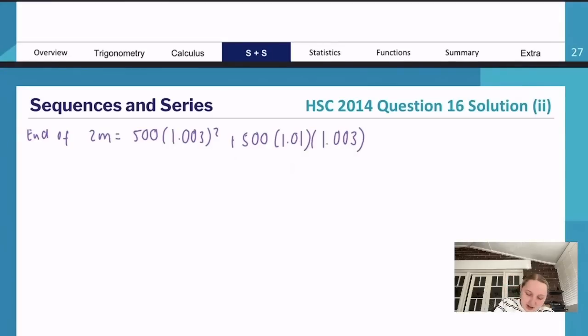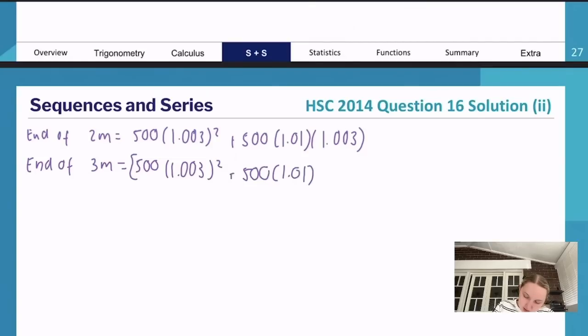Okay, so then at the end of the third month, we're going to have 500 × 1.003 squared plus 500 × 1.01 × 1.003 plus 500 × 1.01 squared.